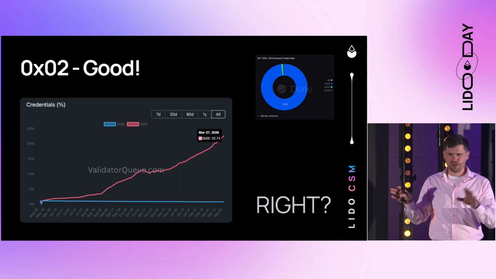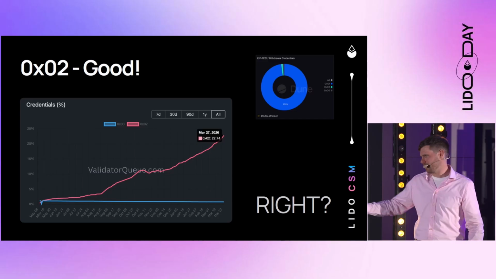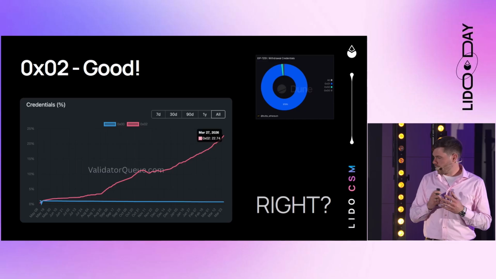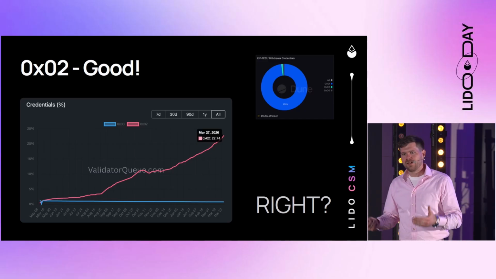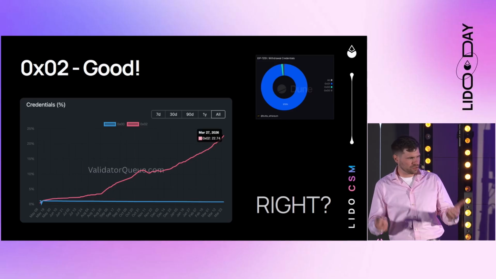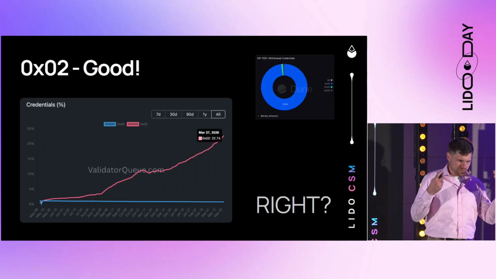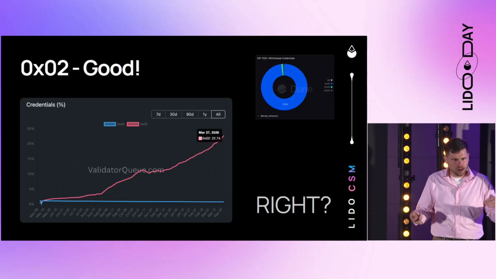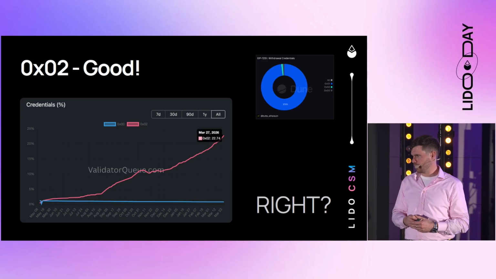The rest is controlled mostly by 0x01 and the legacy 0x00 validators. So the question is, why, 1 year after 0x02 credentials were introduced, after we understand all of the benefits, do we see such a low rate of 0x02 adoption?